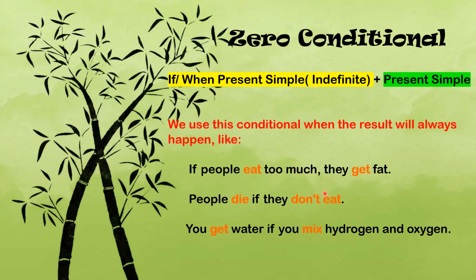So again, it's a scientific fact and it's written using the zero conditional structure. You get water if you mix hydrogen and oxygen. Snakes bite if they are scared. So zero conditional is a structure where both clauses, the conditional clause and the result clause, are in present tense.